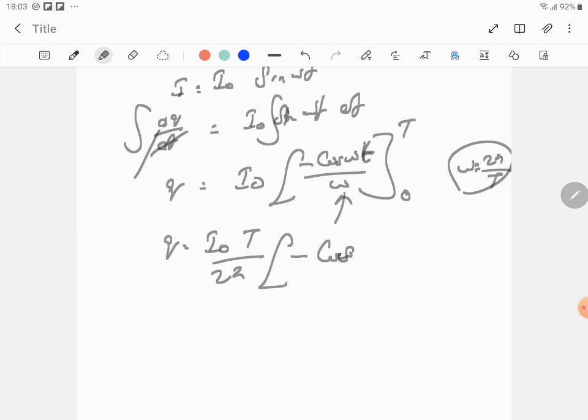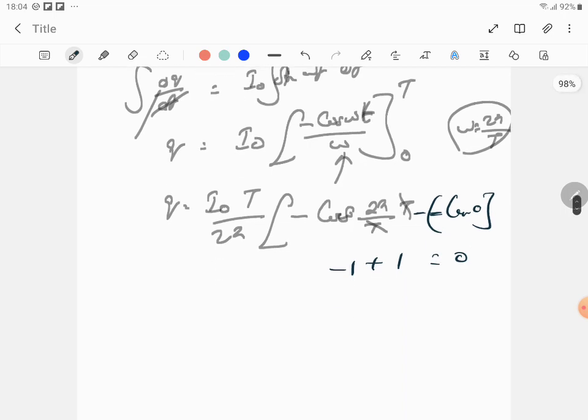Omega is 2 pi by capital T into capital T, where T and T get cancelled, minus cos 0, lower limit, minus of minus cos 0, correct? Cos 0 itself is 1, and so minus of minus 1 plus 1. So this is cos 2 pi, which is 1, giving minus 1 plus 1, which will become 0. So then therefore the charge flowing through itself becomes 0.